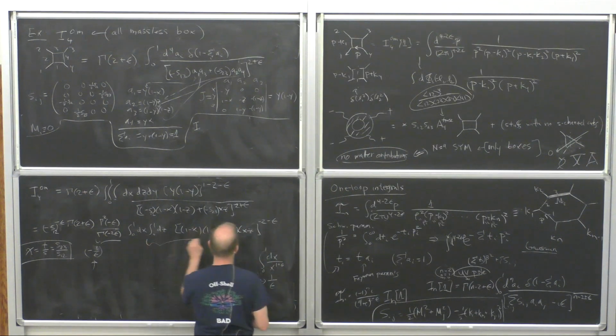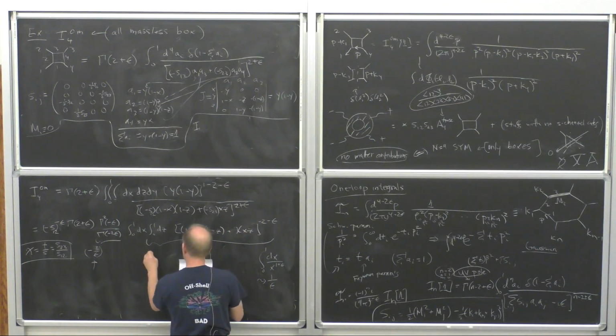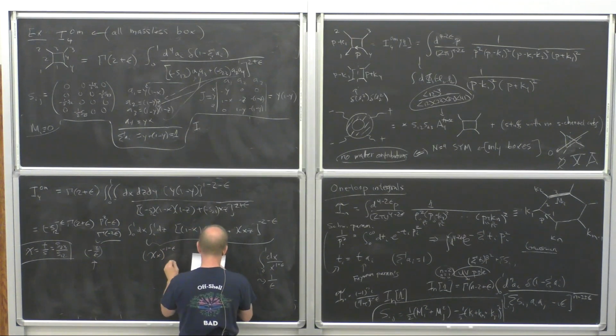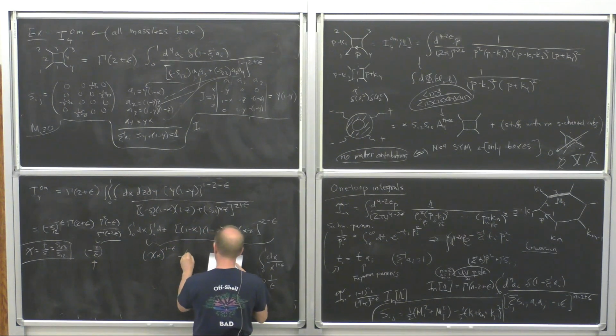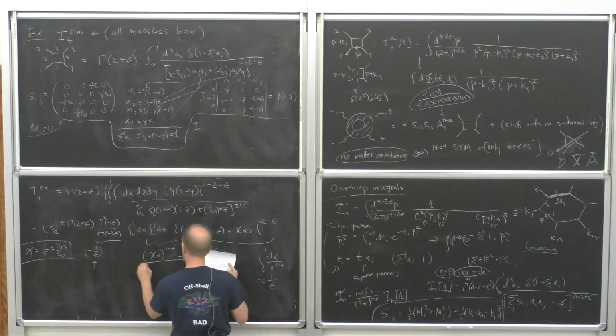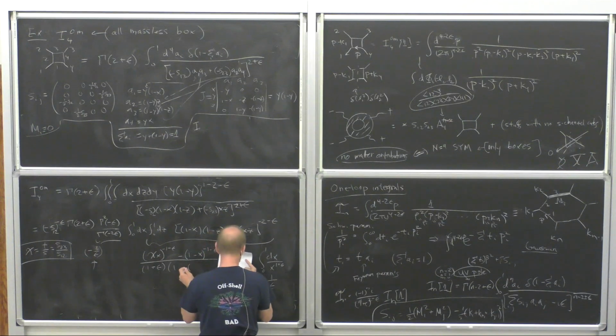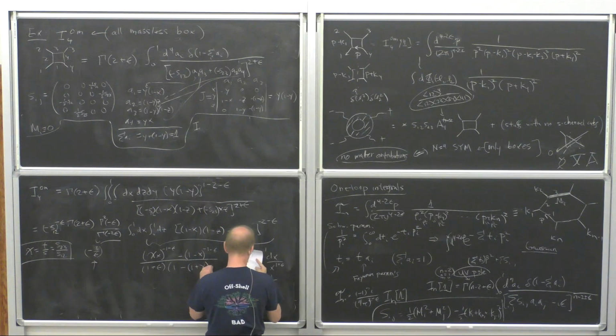This integral over z ends up being chi x to the minus 1 minus epsilon minus 1 minus x to the minus 1 minus epsilon over 1 plus, that's an elementary integral, which these days means Mathematica can do it. Actually, Mathematica can probably do all this, but okay.